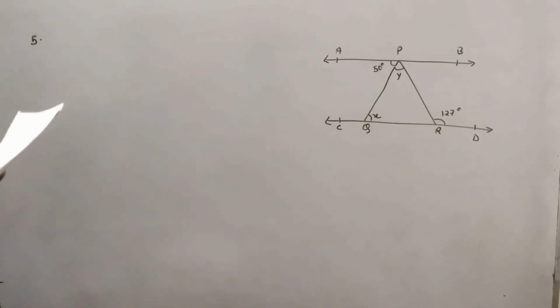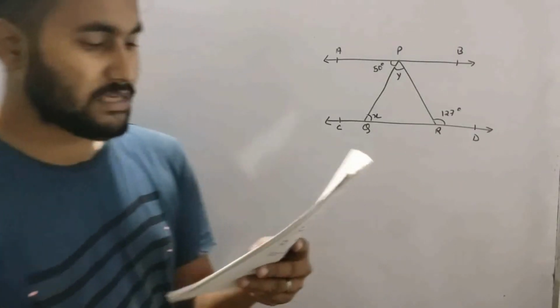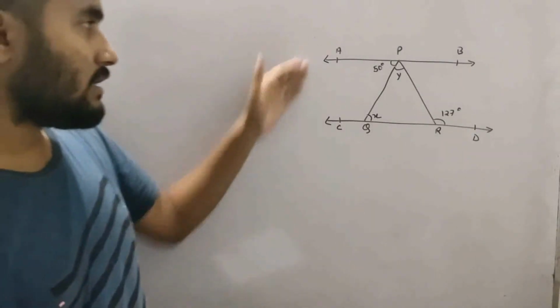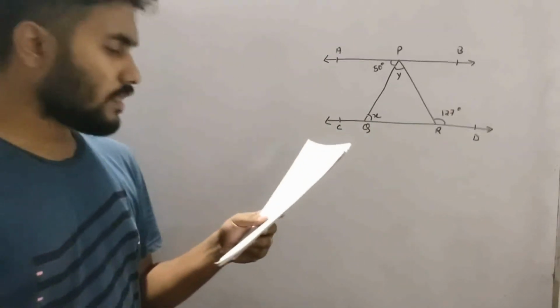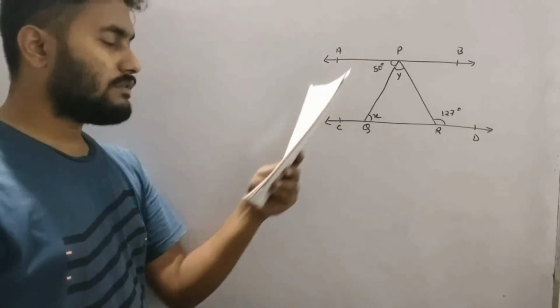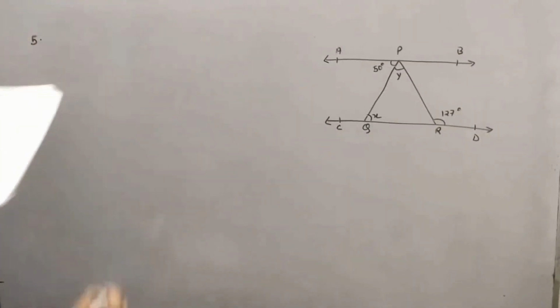So definitely we need to find X and Y, right? In figure 6.32, if AB is parallel to CD, parallel lines are given, so we can apply alternate or corresponding angles. Angle APQ is given as 50 degrees and that angle is given as 127 degrees. So at first write the given part.